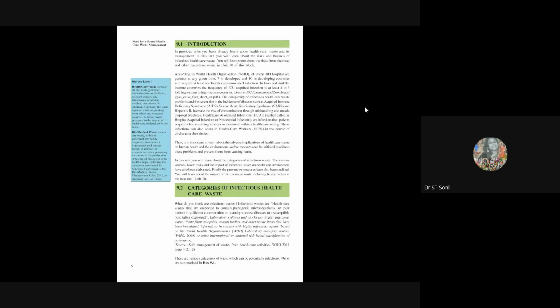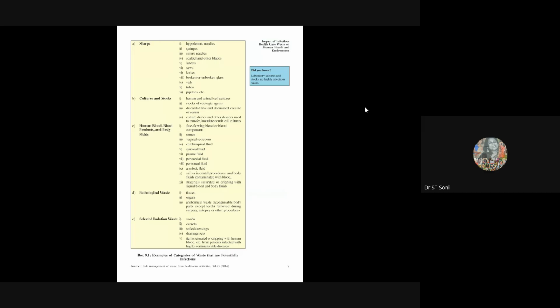So most importantly, we'll see how healthcare waste impacts the human, as well as how it is impacting the environment. So what categories of healthcare waste do we generally generate? I'm not going into the biomedical waste category right now because that will be taken up by someone else.